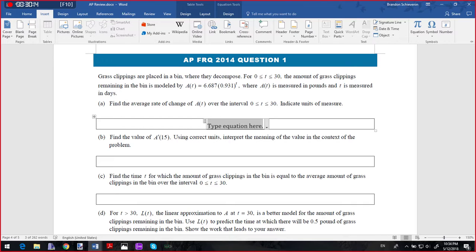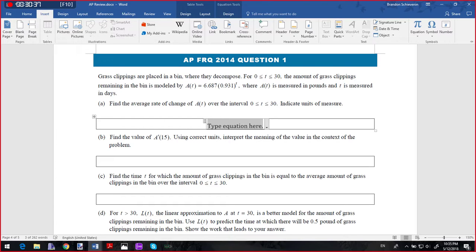Average value? Not average value, because that means the average y value. What is a rate of change? Derivative of A of t. Right, so I'm looking for the average derivative. So if I want the average derivative, what I really want is the average slope.